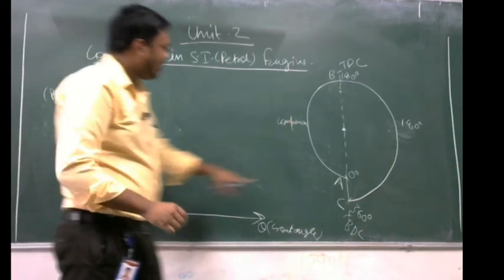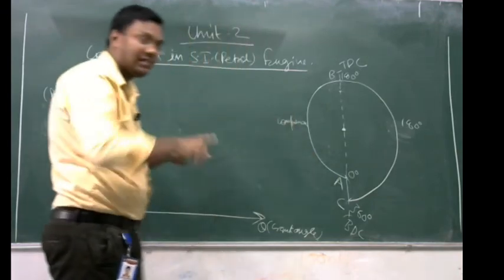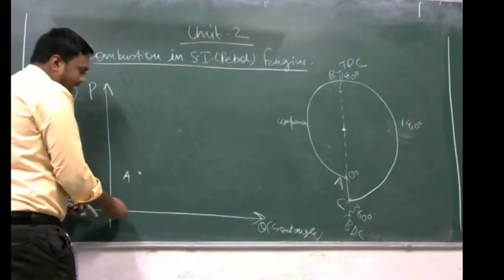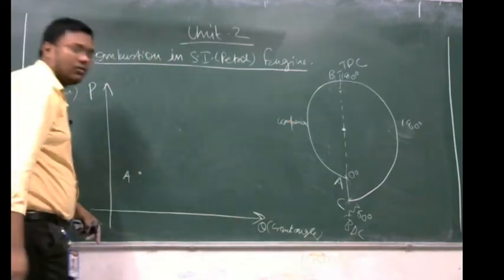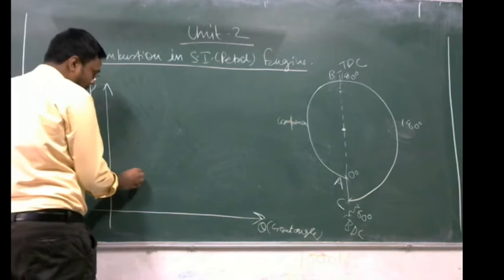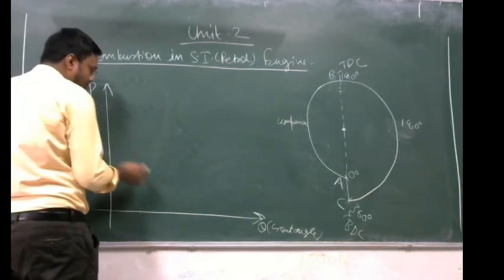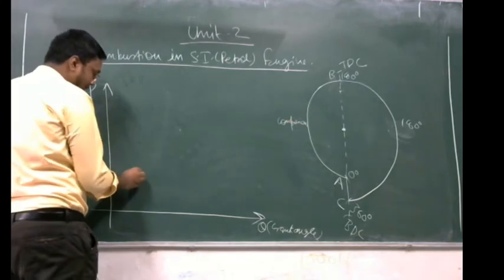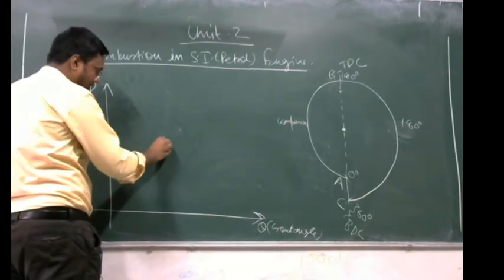Now when compression starts, pressure will increase, and crank angle theta is also increasing. So we will get an inclined line here, because both values, pressure and crank angle, are increasing. It will be like this.